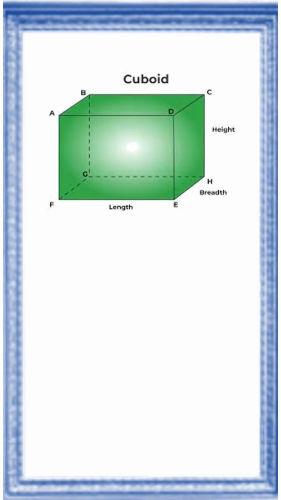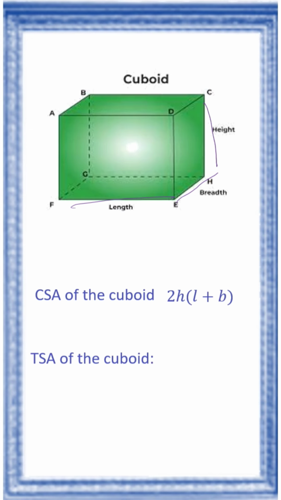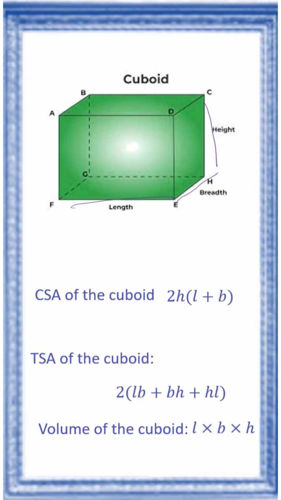Here this is height, this is breadth, this is length. CSA of cuboid is 2h into l plus b. TSA of cuboid is 2 into lb plus bh plus hl. Volume of the cuboid is length into breadth into height.